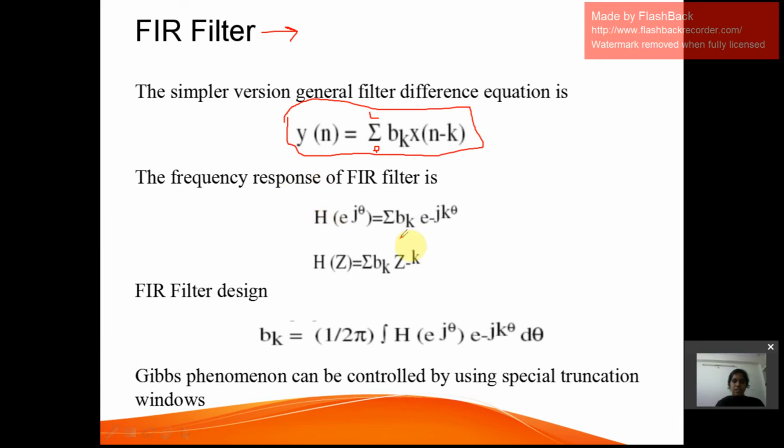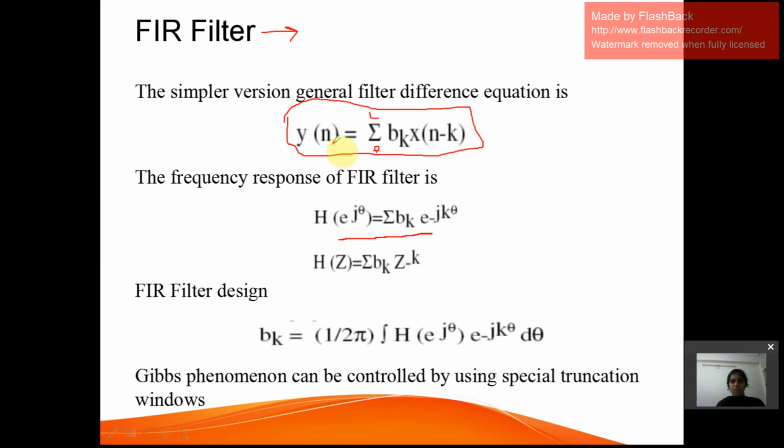Now coming to the frequency response. What is the frequency response of FIR filter? You calculate the frequency response. You know that y of n by x of n is nothing but the impulse response, which you have already learned from the previous video.